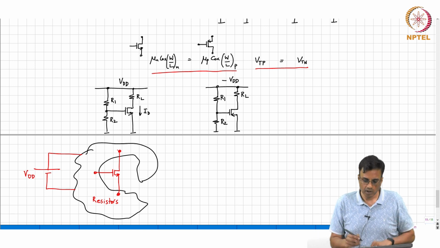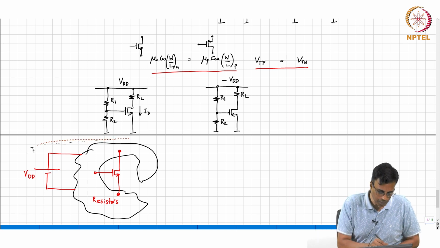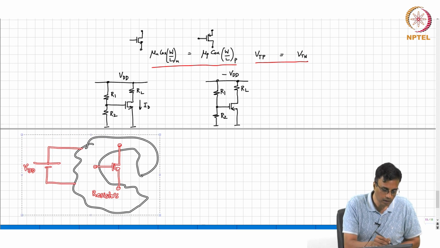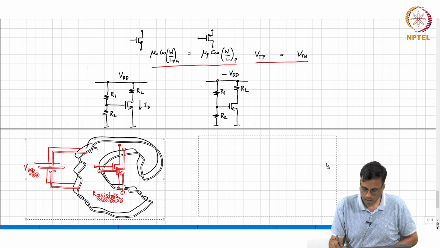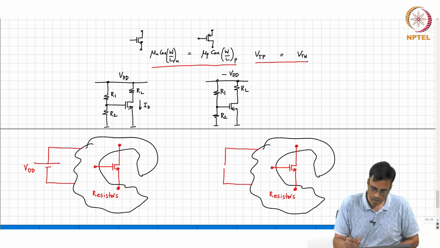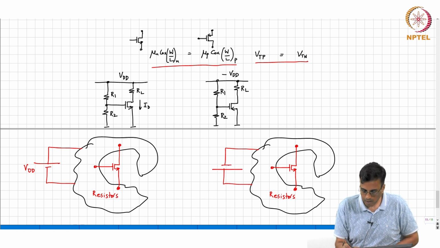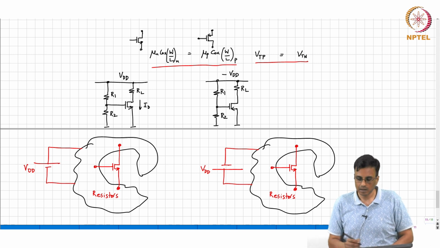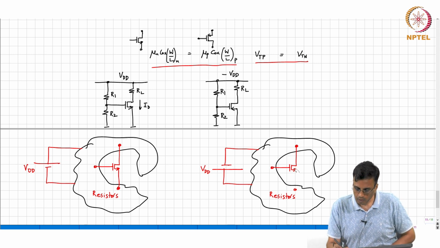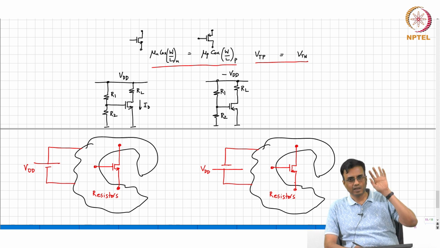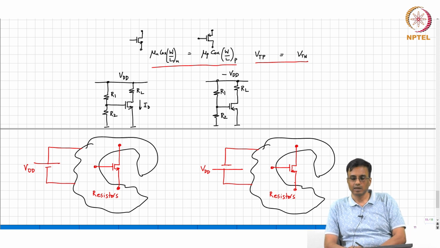All that we need to do in the PMOS case is to simply take whatever NMOS network we have and flip the direction of the VDD. Then you just simply remove the NMOS and put a PMOS, right.